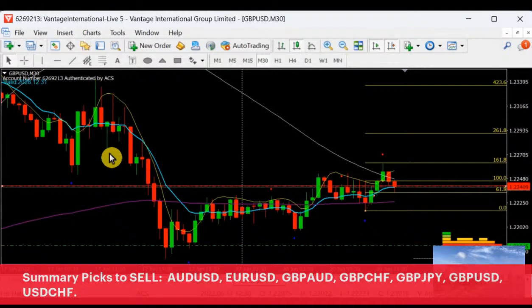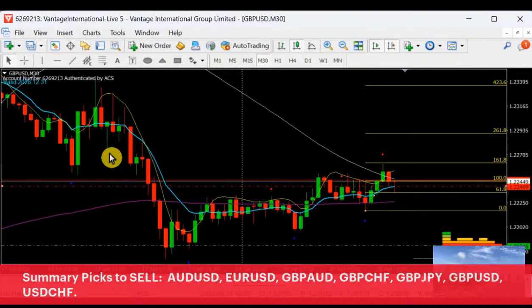This area buy or sell is also risky. I'd rather wait for a breakout. Right, I get you now.